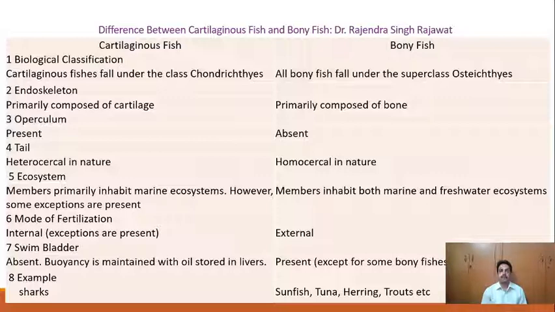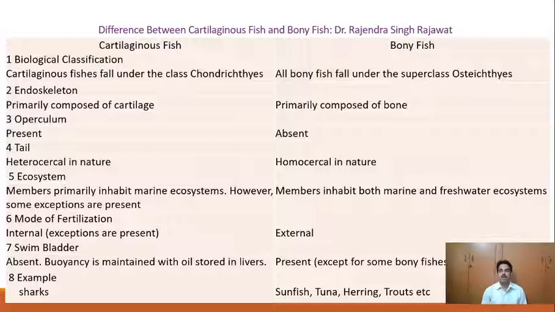Next, the fifth point is ecosystem. Cartilaginous fishes primarily inhabit the marine ecosystem. However, some exceptions are present here. So they are mainly marine.